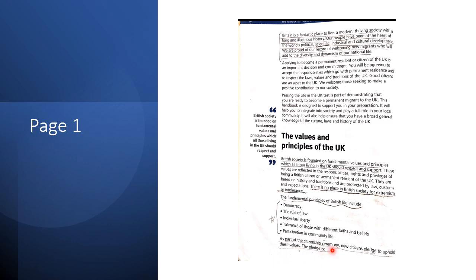As part of the citizenship ceremony, new citizens pledge to uphold these values. So when you go for the British citizenship ceremony, you will have this pledge, and in that pledge you will be saying that you will uphold these principles. That is on the next page, so let us move.